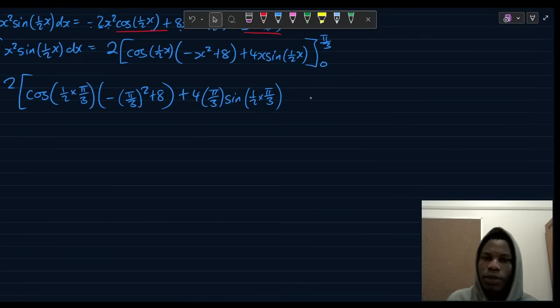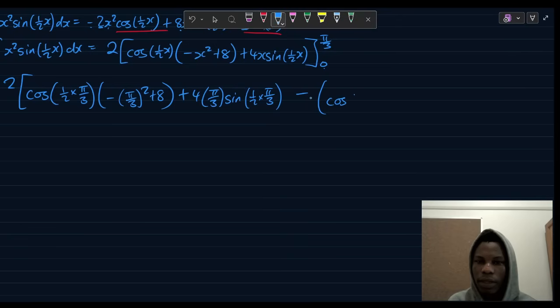And now we need to do the same for the lower limit, 0. So cos of half times 0, so cos of 0 times negative 0 plus 8. Let me put brackets here. And then plus 4 times 0. So this whole term will just become 0 since it's being multiplied by 0 there.